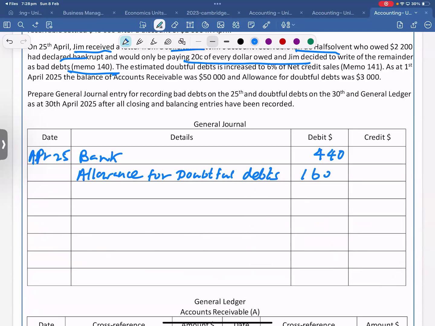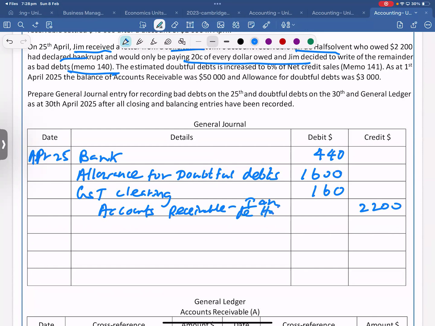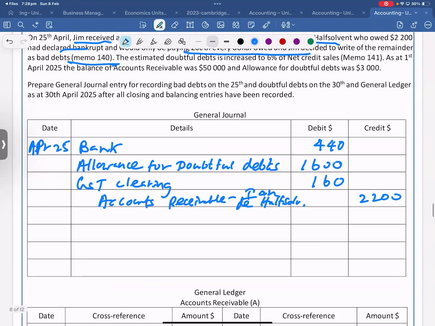So 1600, and also you are debiting GST clearing, 160. All of them you are crediting to 2200, accounts receivable, Ian. Then, guys, what's the narration?